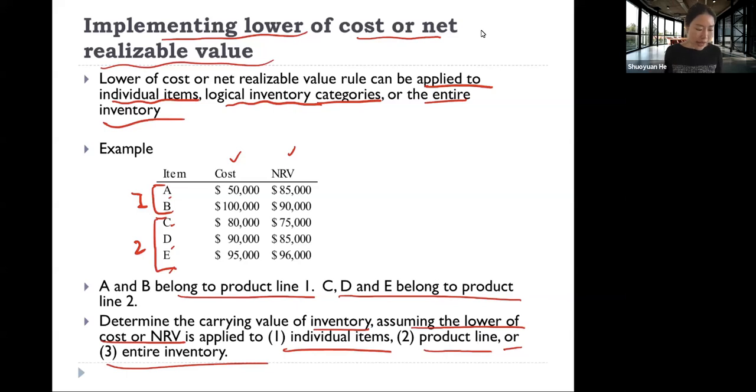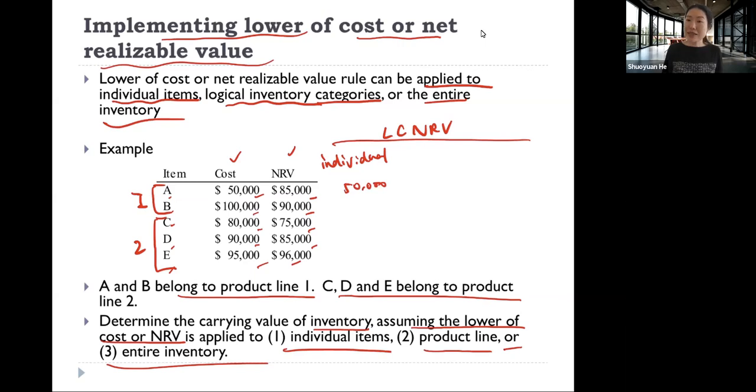So let's first look at applying the lower of cost or net realizable value to individual items. If we apply it to individual items, we basically take the lower of cost or net realizable value for each individual item. For example, item A, we take the cost because cost is lower.